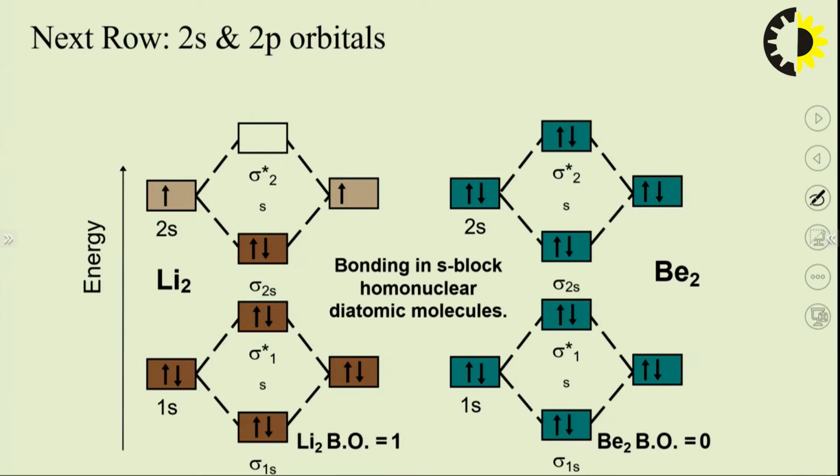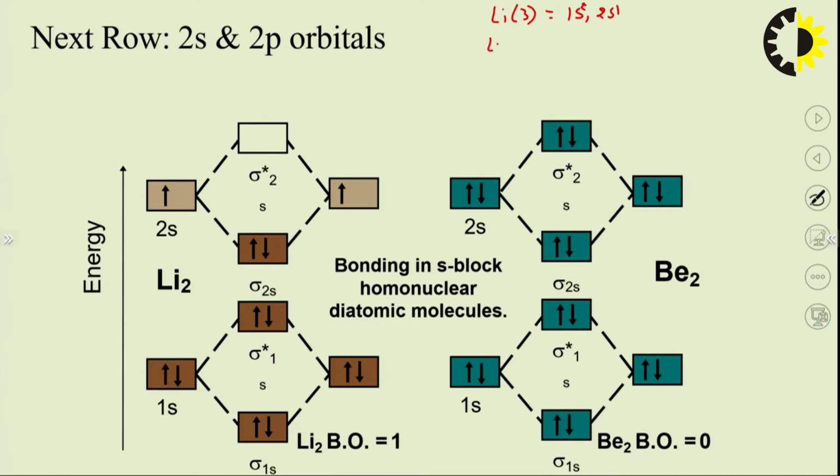So here I am going to discuss one more example, of lithium and beryllium. For lithium, the 2s and 2p orbitals also participate. For lithium, the atomic number is 3. So what happens? Its electronic configuration is 1s2, 2s1, okay.